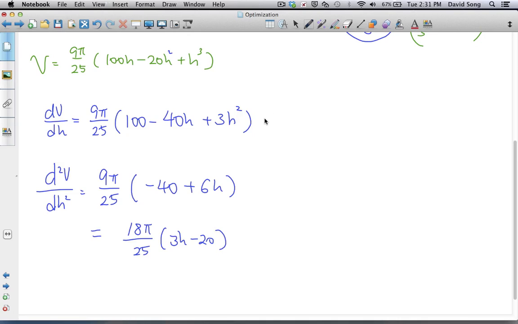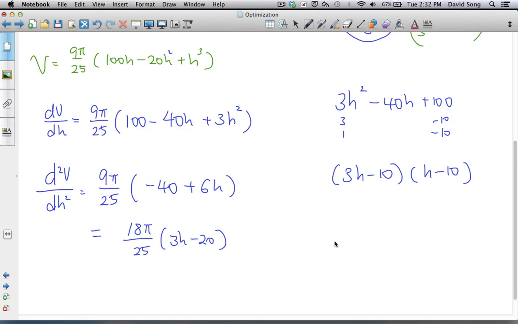Alright, now I need to find some critical values. Okay, I need to find some critical values, and that's when the first derivative is 0. So I need to factor 3h squared minus 40h plus 100. So how will they factor out? 3 and 10, that's going to be 30 and that's going to be 10. They could both be negative. So 3h minus 10 and h minus 10.